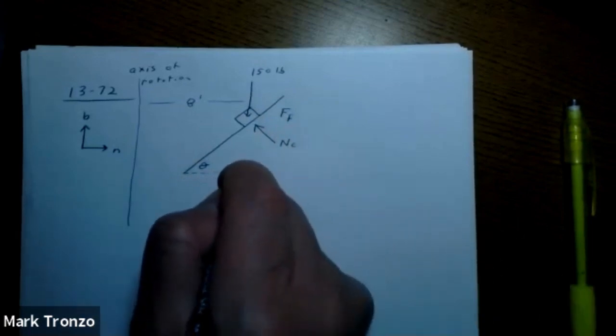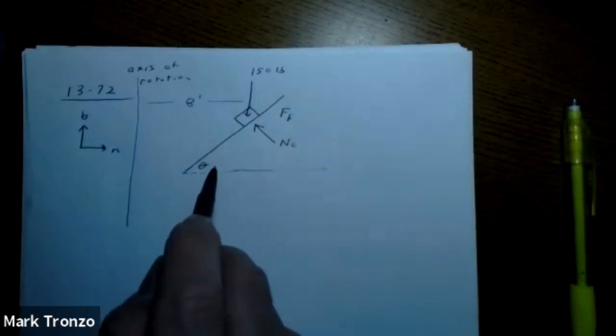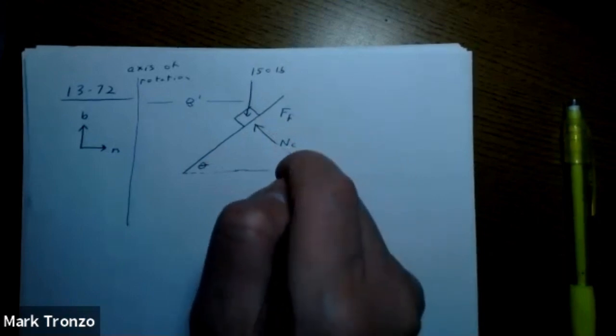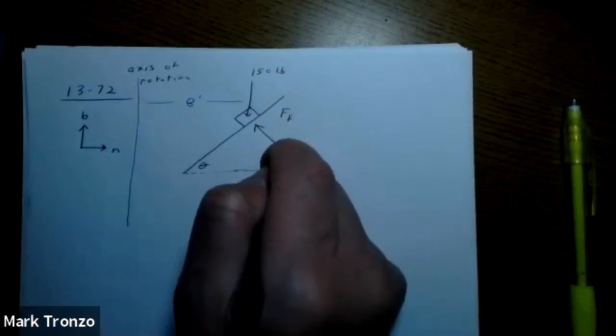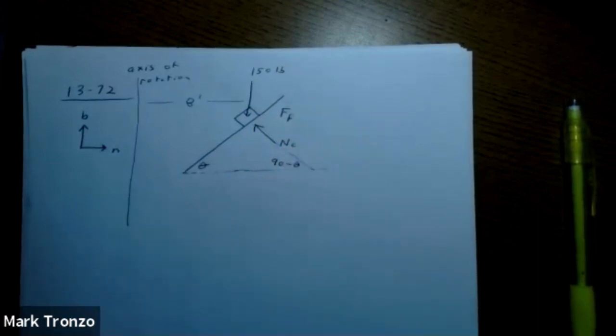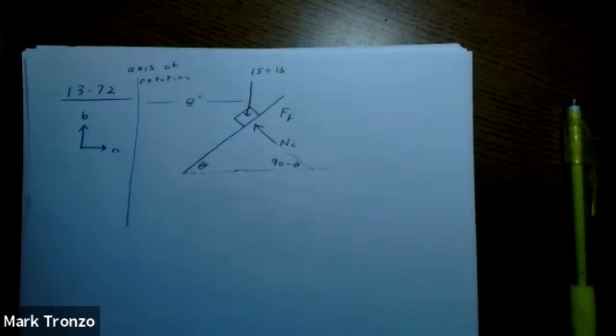Let's figure out some angles. If this is theta, and this is 90 degrees, then down in this corner right here is 90 minus theta.